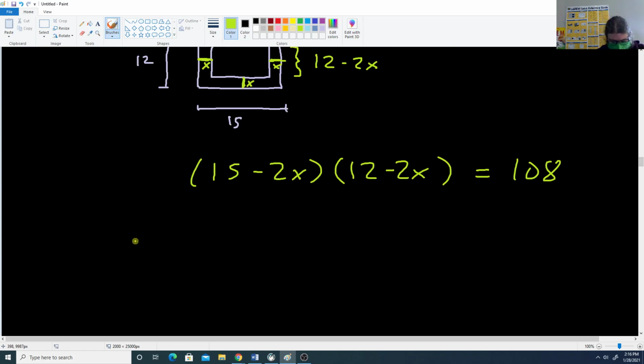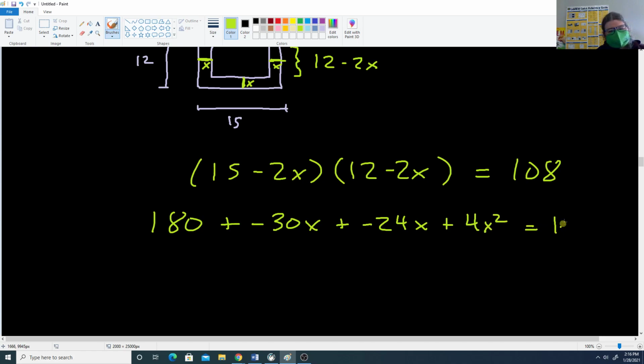So let's see here. What is 15 times 12? It's 180. Outer would be 15 times negative 2x would be minus 30x. Inner would be minus 24x, and last would be plus 4x squared equals 108.